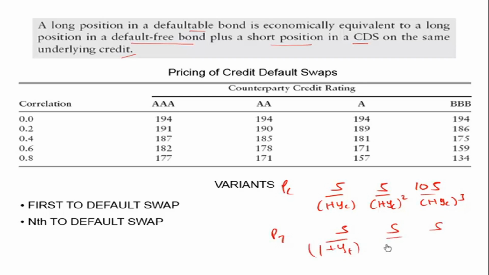Which of the two bonds will have a higher yield or a lower price? It will be the corporate bond because there is credit risk. Now, the yield on the corporate bond will be higher than the yield on the treasury bond to the extent of the credit risk of the corporate bond.